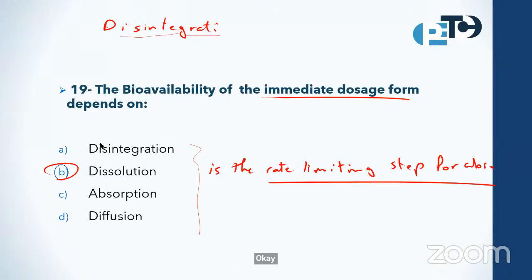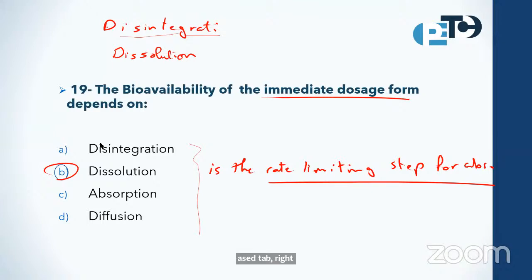After disintegration, is the drug absorbed directly or not? No, it will not. First we have to dissolve. Firstly, it should be dissolved. So the dissolution should happen for all types, even enteric coated, even controlled release tablets, right?